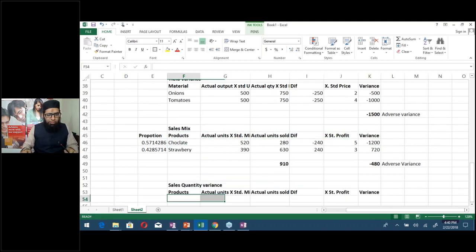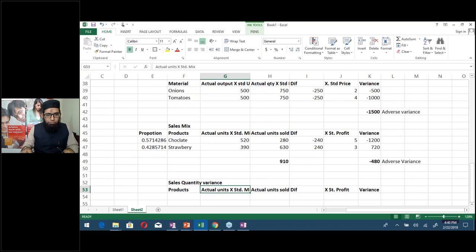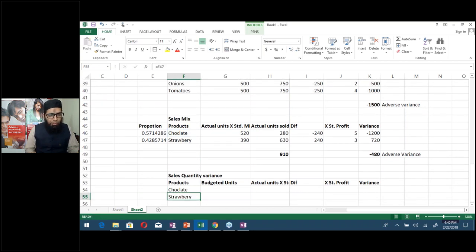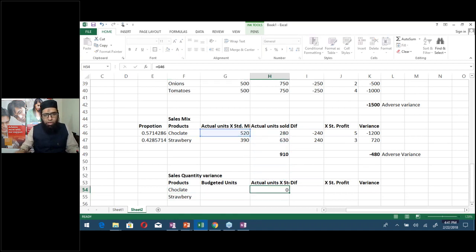The difference will be that now my actual units into standard mix will be shifted against the actual units sold, and this will be replaced by budgeted units. The two products are chocolate and strawberry. Copy and paste it. It will adjust itself. The actual unit into standard mix once again will be the same one, so I'm just referring.